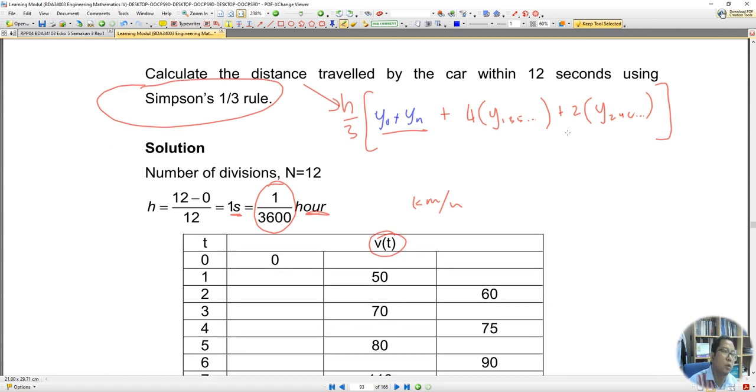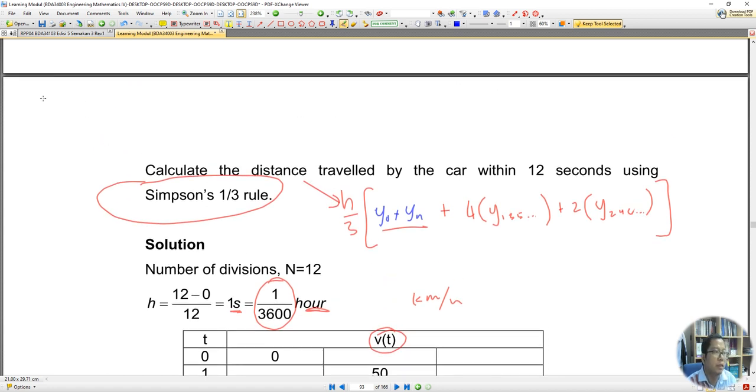So again, let's say the rectangular method.